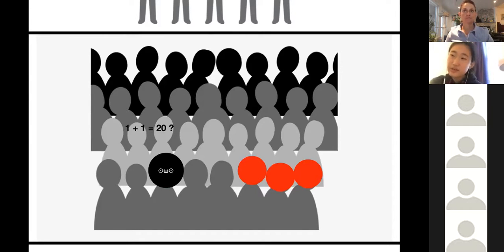There was also the question of how wrong the group was. So for example, if the question was, well, 1 + 1 = how many? Is there a difference between the group saying that 1 + 1 = 3 versus 1 + 1 = 20?